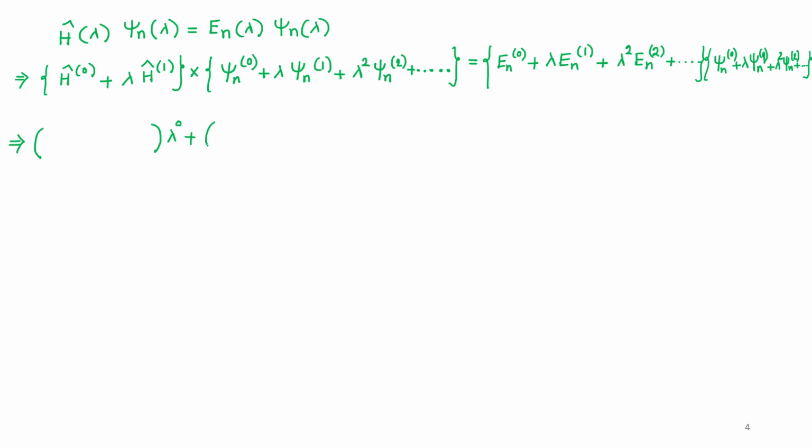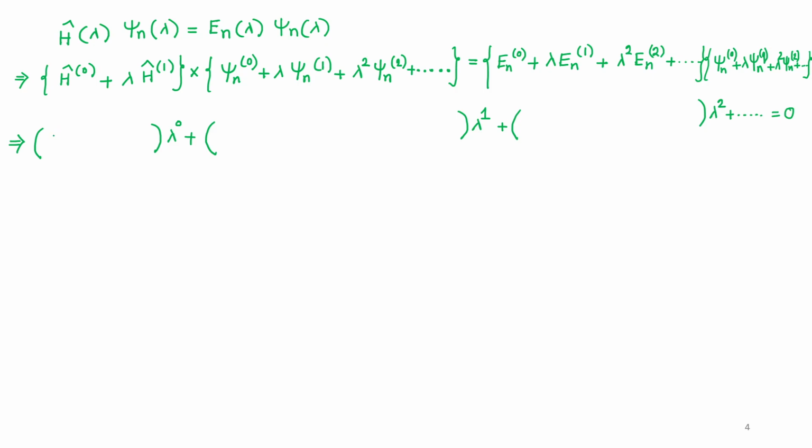Next we are going to collect the parts where lambda to the power 1, that is lambda, is common. Now we are going to collect the terms which have lambda square as common, and that will obviously go on, and as we have taken all the things to the left hand side, the right hand side will be 0.